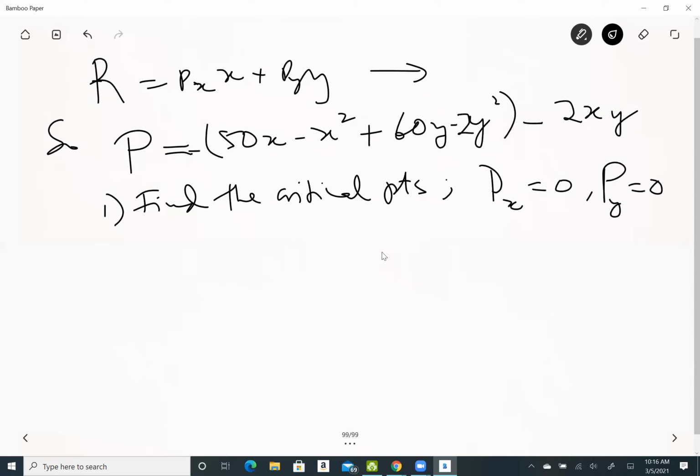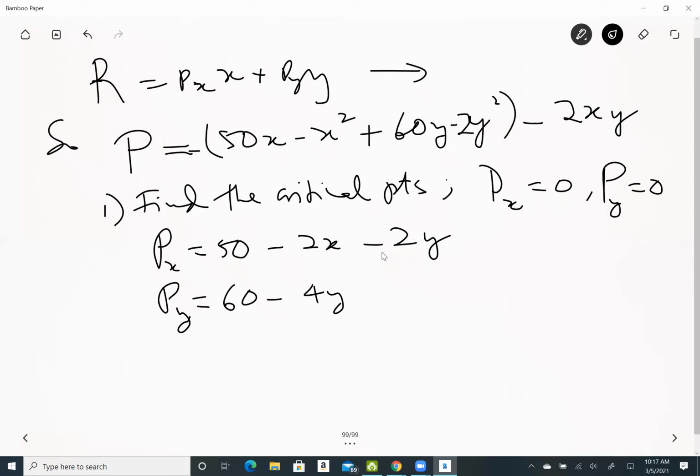All right. So you find Px. I think the function here is not that difficult. So you have 50 minus 2x, and then you got 2y. And then Py equals 60 minus 4y minus 2x. So that is our first partial.